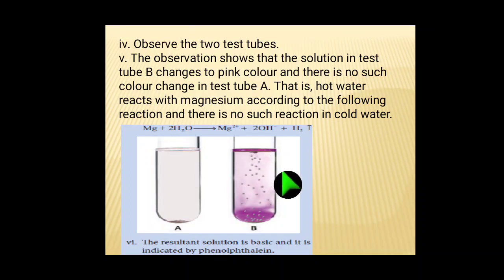Phenolphthalein is a weak organic acid, and in basic solution it gives a pink color. When the temperature increases, the rate of reaction increases. It is called the Arrhenius concept.